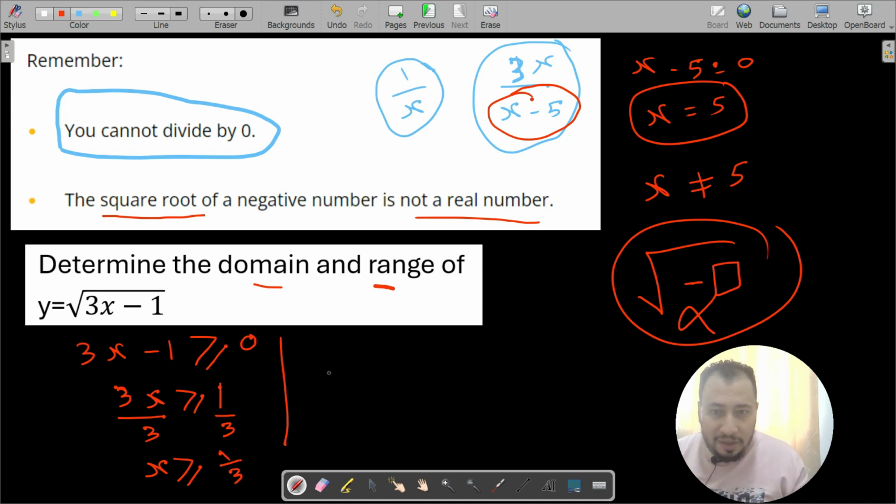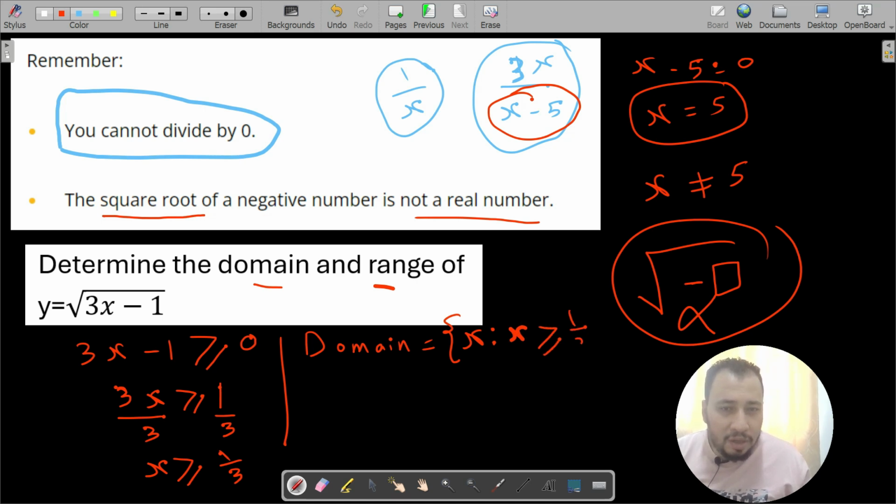How can I write the answer here? You simply write here the domain, or just D equals, and pay attention to this form, please, x, where x must be greater than or equal to a third. This is how to write the domain in this form.